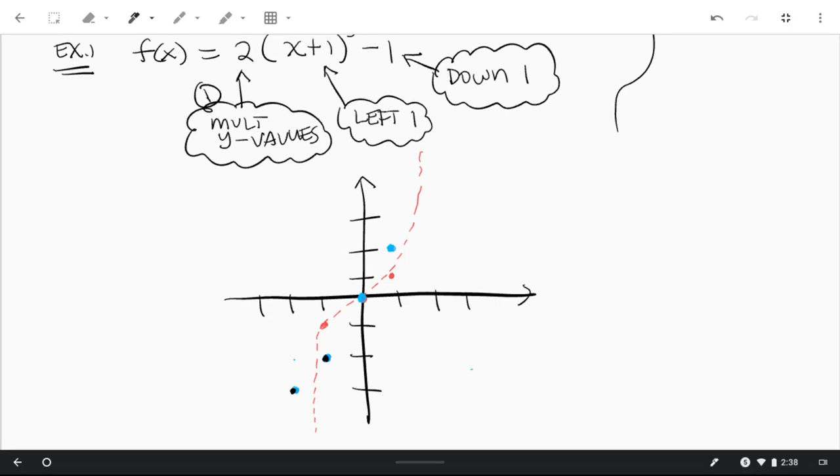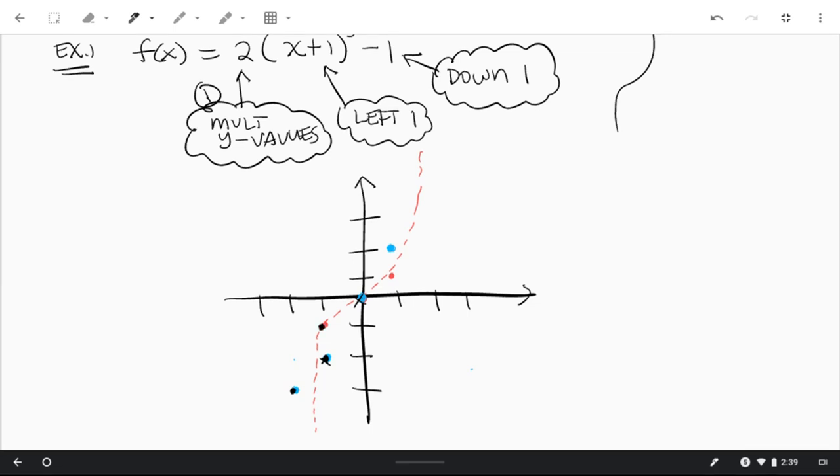Okay. And this blue point in the middle here, you know what? I'll put X's over them because I don't want them anymore. So this blue point over here will go left one, down one. Okay.